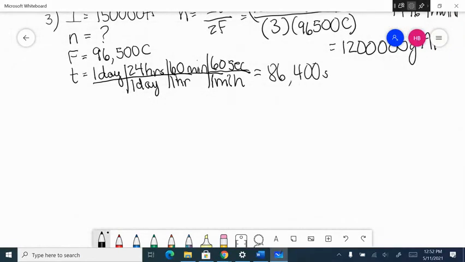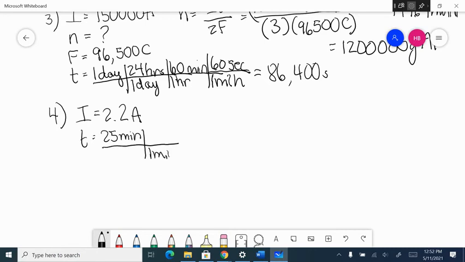Number 4 states that the electrolysis of a solution of chromium ions uses a current of 2.2 amps for 25 minutes. I'll just go right ahead and change this. 1 minute has 60 seconds.